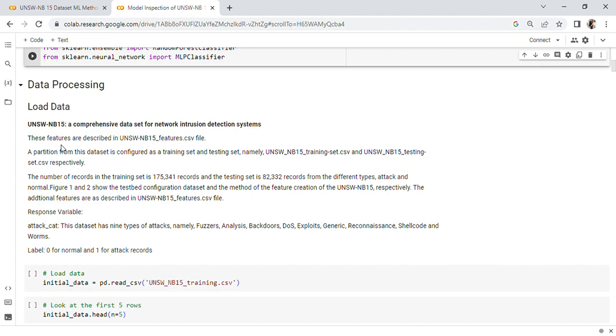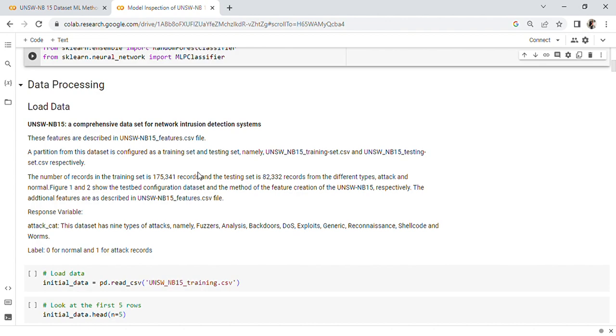The second one is the responsive feature. Responsive feature means our model can tell us whether the attack performed on the system is a normal attack or more harmful to the system, and after that the model is going to tell us the classification of the 9 types of attacks.